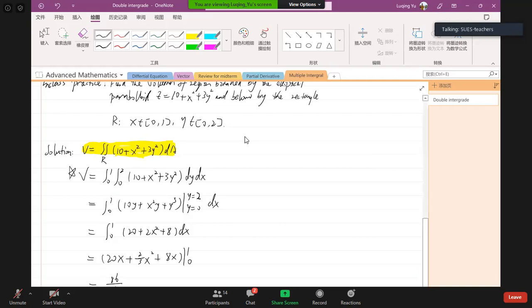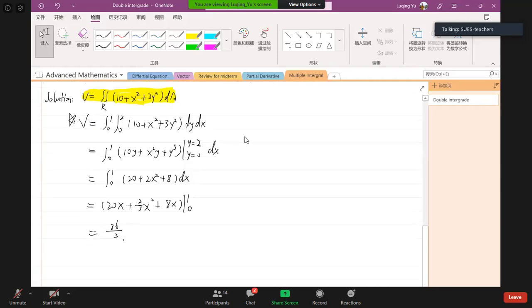This is a pretty simple question for you guys. Because this is rectangular, it is an integral on a rectangular area. So there are no restrictions, or no relationship between x and y on the integral area.